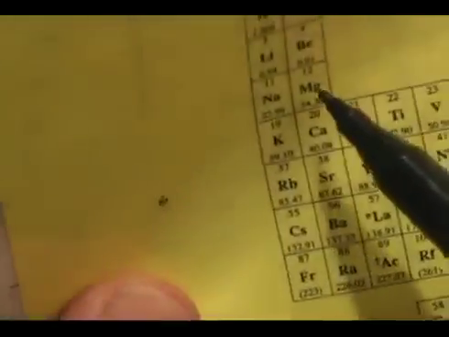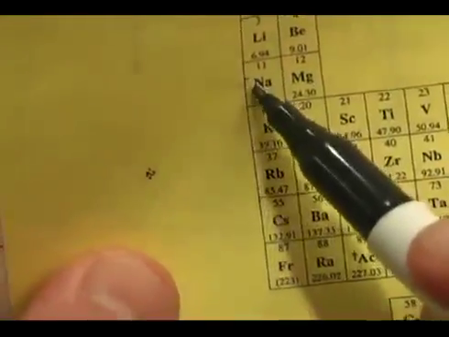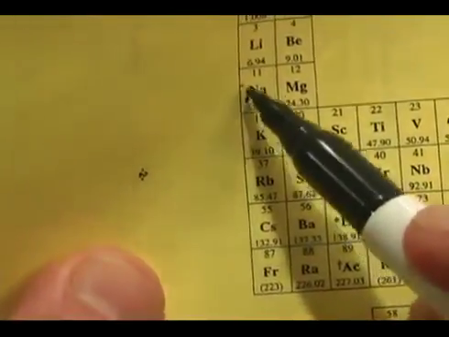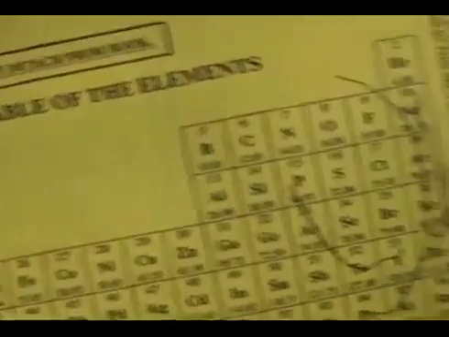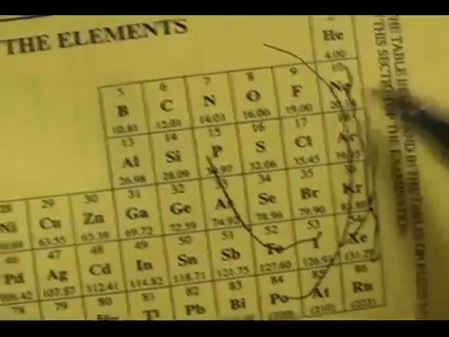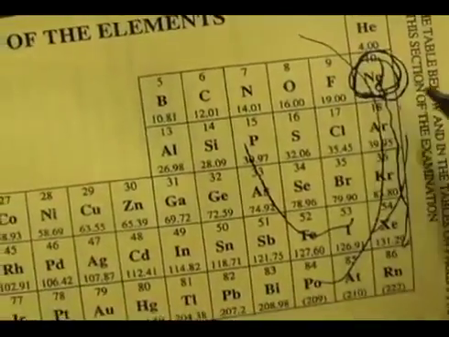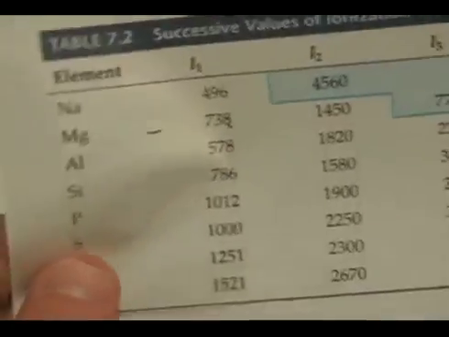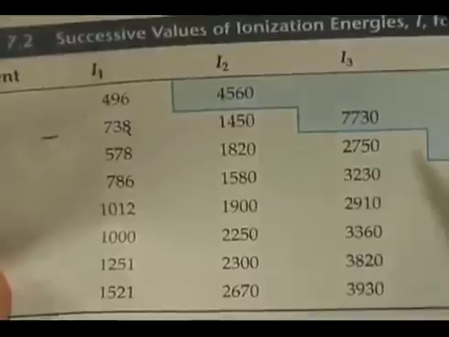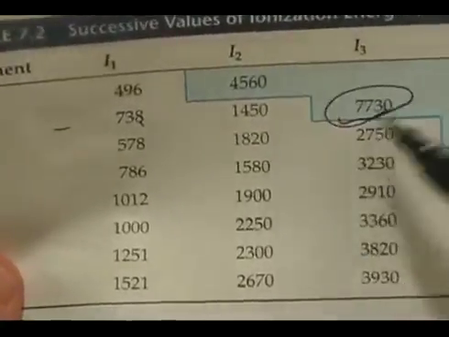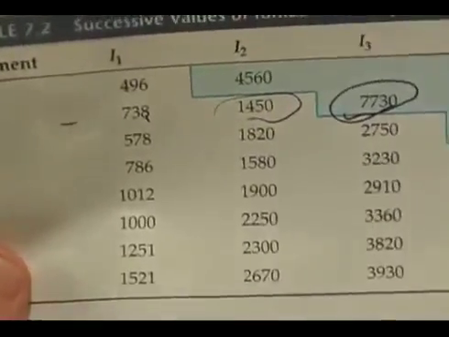Looking on the periodic table, magnesium loses 1 electron and looks like sodium. The magnesium plus 1 ion now loses another electron and looks like neon. Now it's a noble gas configuration and does not want to lose electrons. So you can see that the third ionization energy for magnesium is astronomically high compared to the second ionization energy.